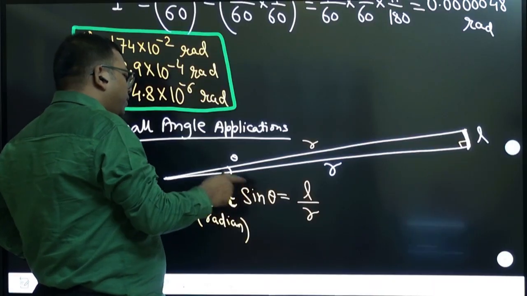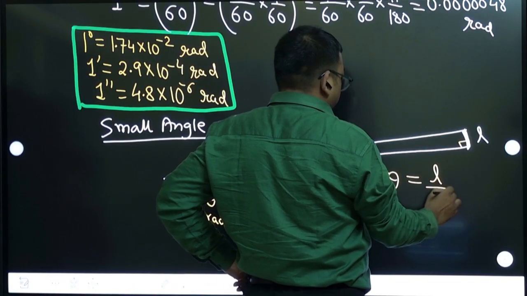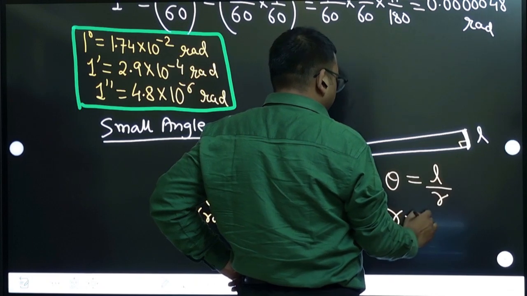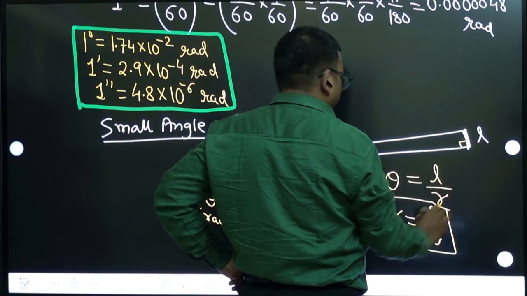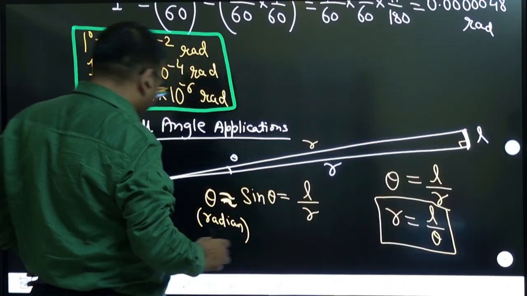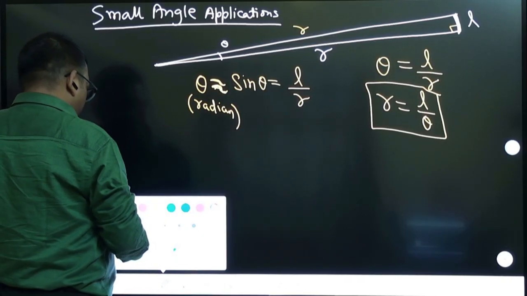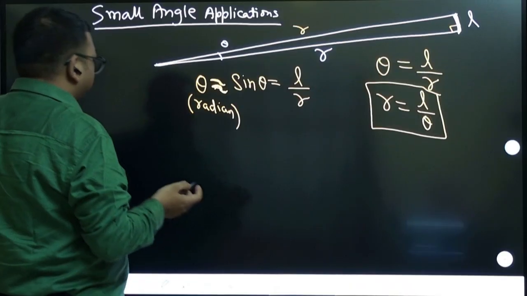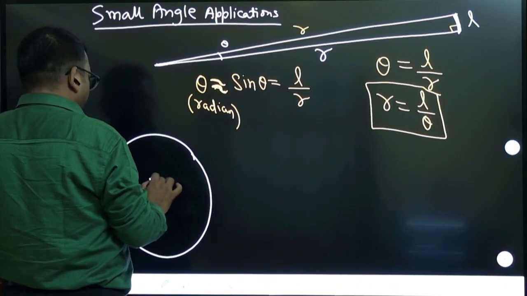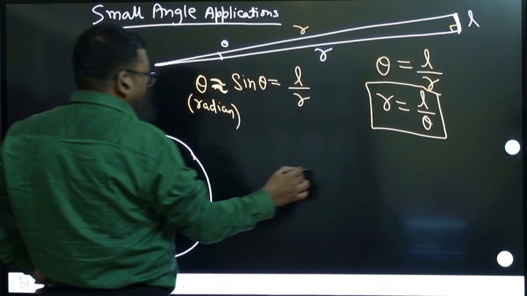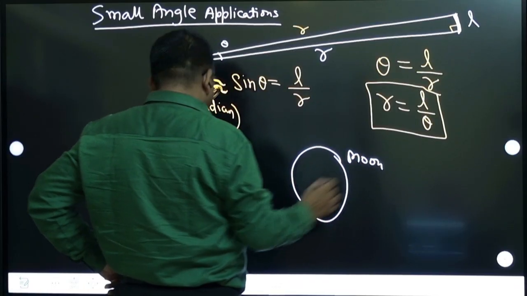Now, if I consider this theta as length by radius, I can calculate this radius as L by theta. Remember, theta is in radian. Now what is the application? You may see the distance between two stars, or distance between two planets, or the size of a body can be calculated. For example, suppose this is Earth, and this is Moon, or it may be some other planet also.